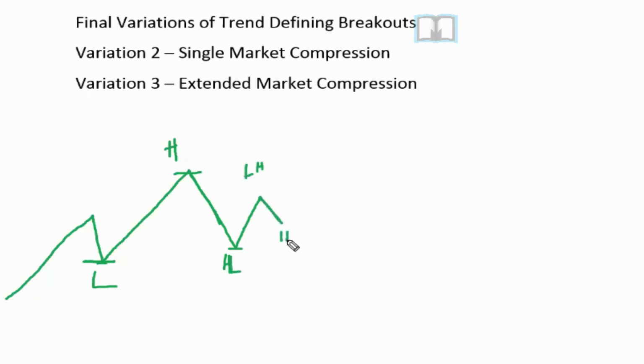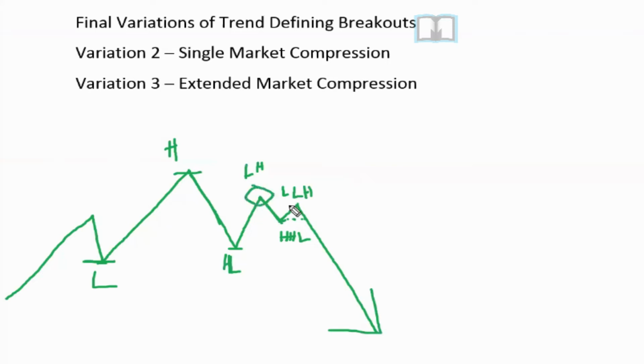We have a higher low, we have another lower high, and at this point, whenever the market breaks the previous swing low, this is where we have the breakout to the downside.